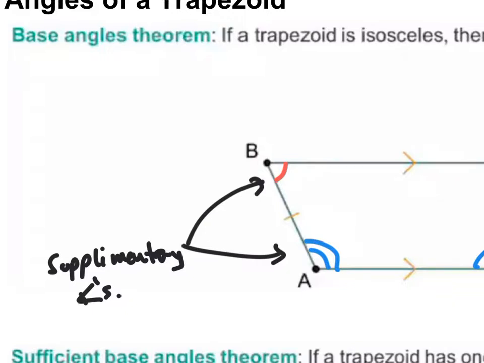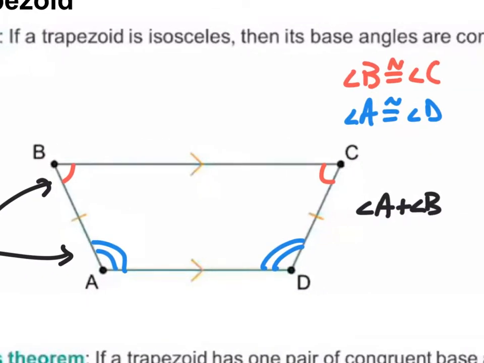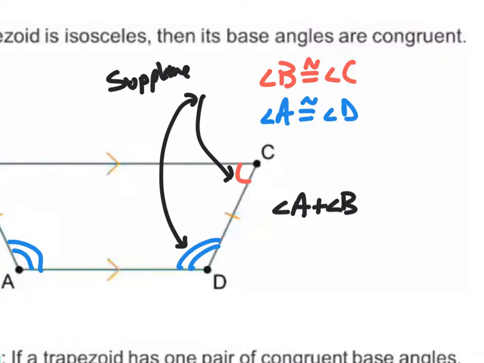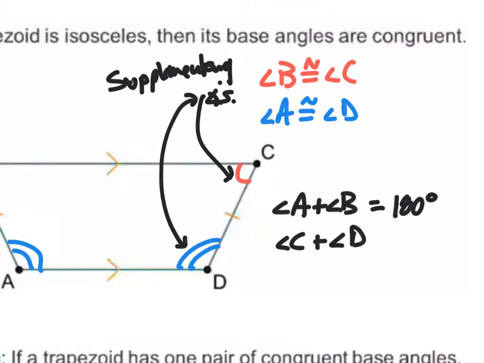The same thing with C and D; these are also supplementary angles. If they are supplementary, I can take angle A and angle B, add them together to get 180 degrees, and I can take angle C and add it to angle D and also get 180 degrees. That's what I know.